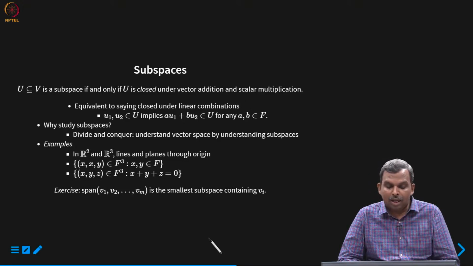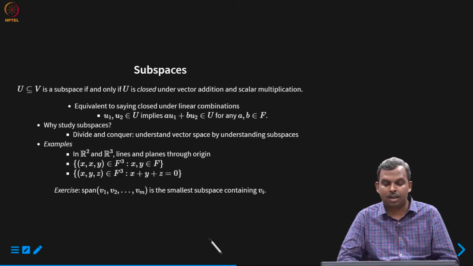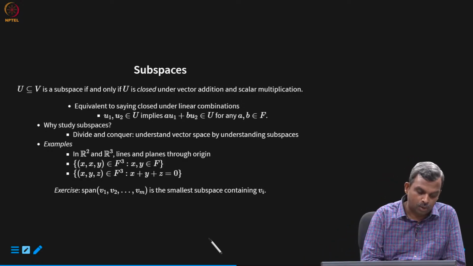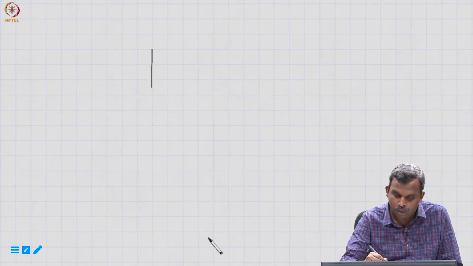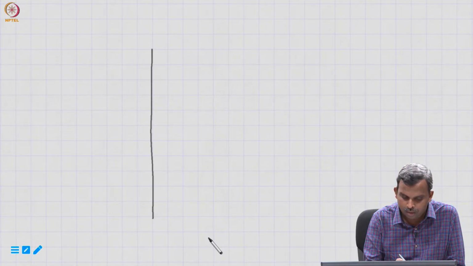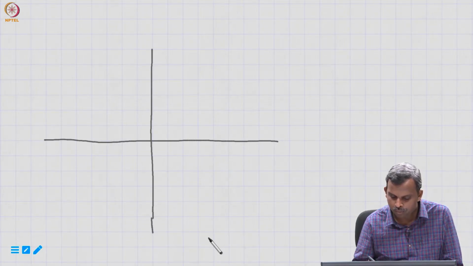So let us look at R2 and R3, for instance. In R2 and R3, which is the real plane and the real vector space R3, lines and planes through the origin are all subspaces. Let us take a look at how that would be. If you look at R2, which I will once again draw, let me draw the plane axes.